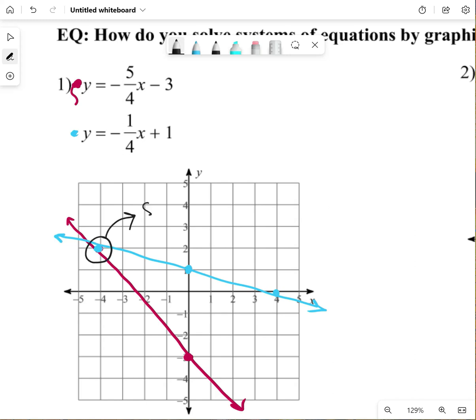So that corresponds to the coordinate point that you found before. Now, the solution in this case, you should note, is in the form of an ordered pair, x and y. And that means our x-coordinate is at -4, and the y-coordinate is at 2.